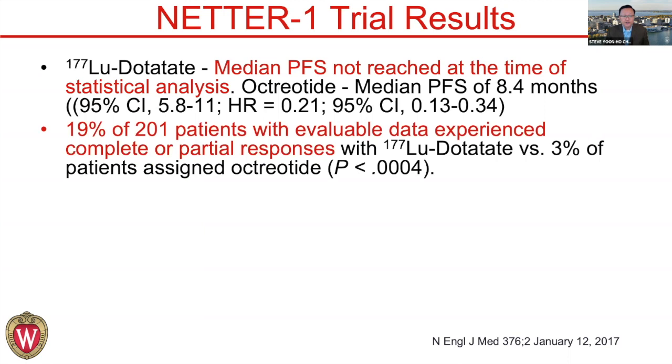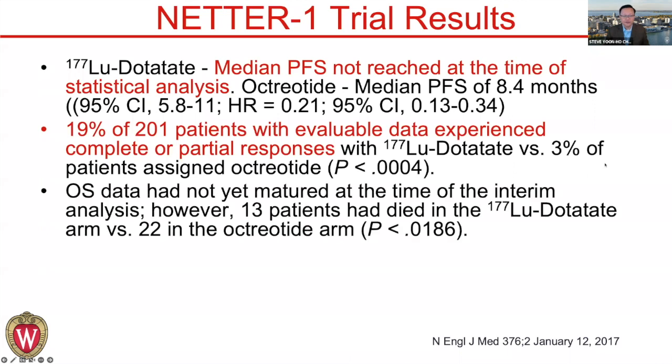19% of the 201 patients who had evaluable data experienced complete or partial response with the lutetium dotatate, the radiotherapeutic agent, versus just 3% of the patients assigned the standard of care agent, which was statistically significant. And then the overall survival data at the time of this publication in 2017 had not yet matured.